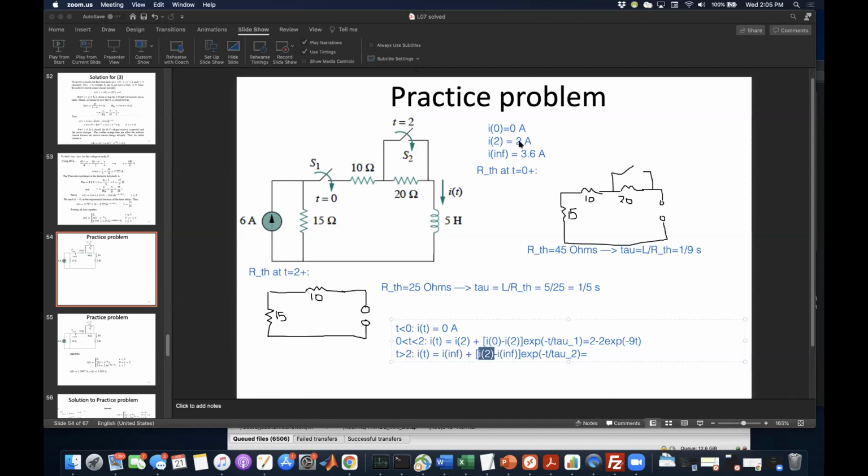Right before the second switch flipped, the current through the inductor was 2 amps, so that becomes our initial condition for the second transient. So that becomes 3.6 plus 2 minus 3.6 times e to the negative 5t.